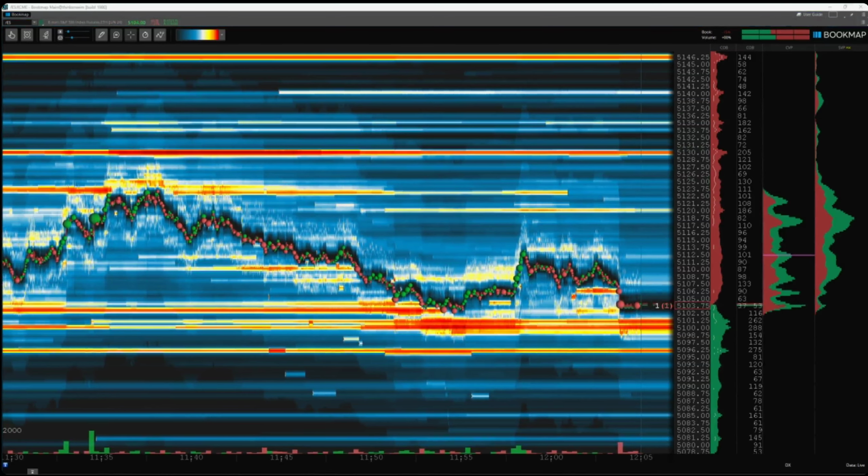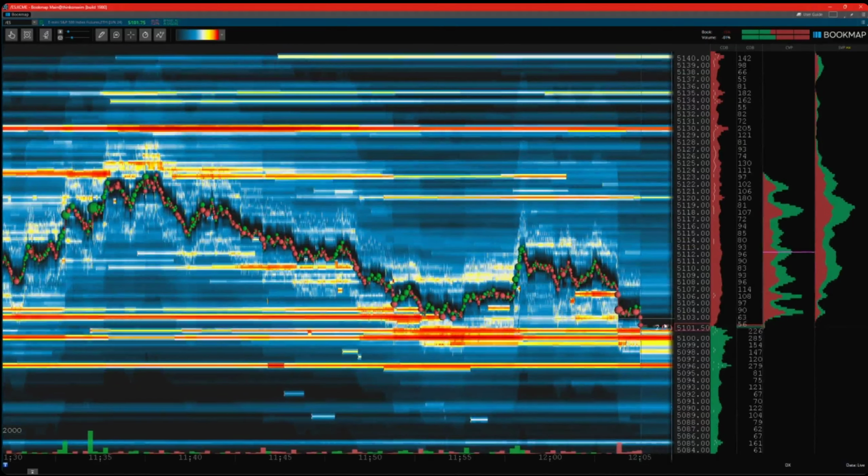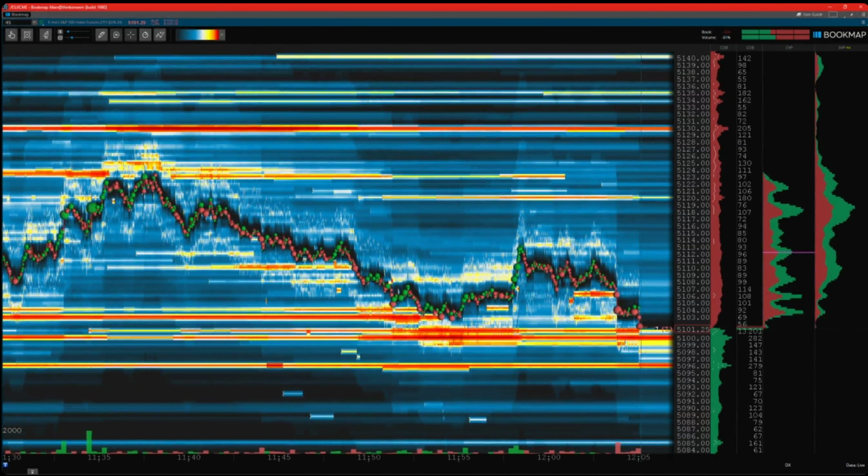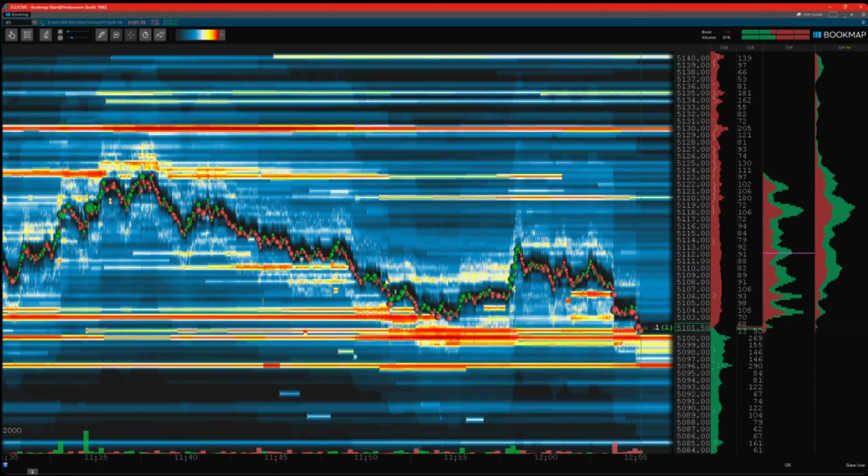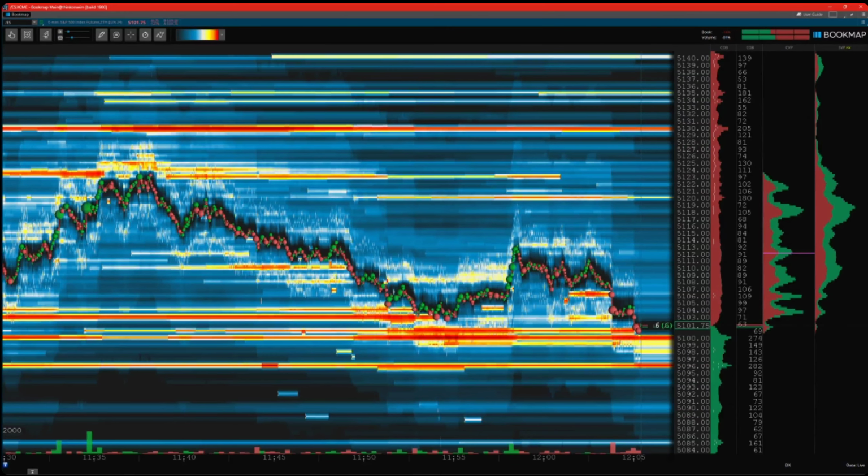Now I'm not going to tell you what to trade, but you can see it. The sellers are tackling this. Oh, my 50-30s are now $90. You can see the buyers are getting stronger right here.